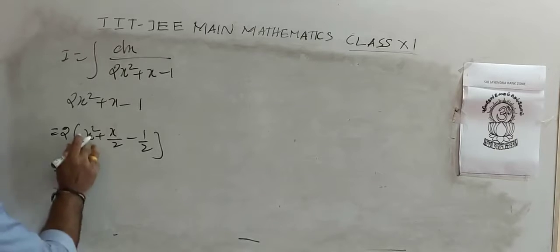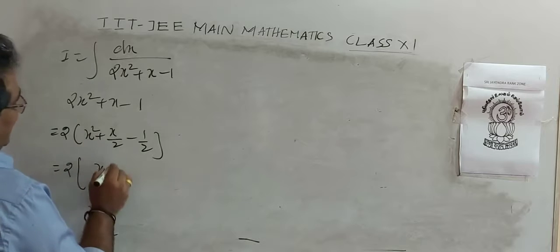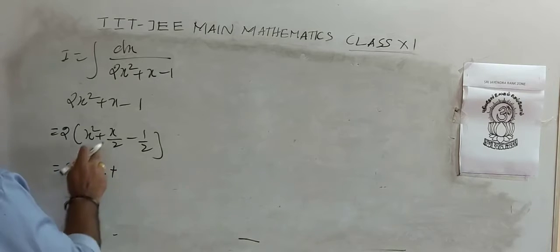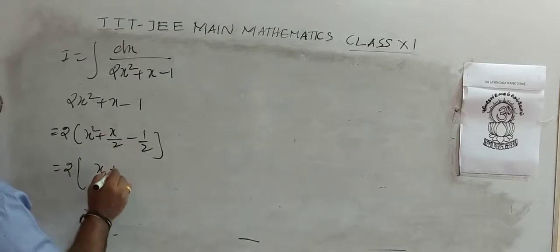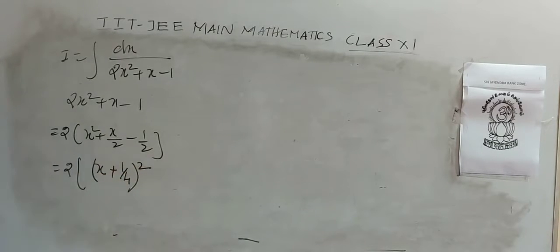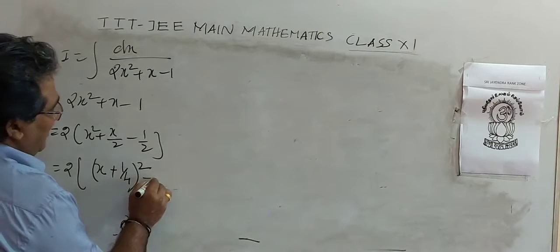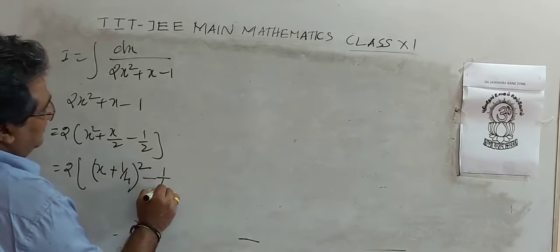In place of x squared write x with the plus sign, and divide the coefficient of x by 2. If you divide by 2, you will get 1 by 4. Complete the whole square, then apply the minus sign and square this value and write it here.